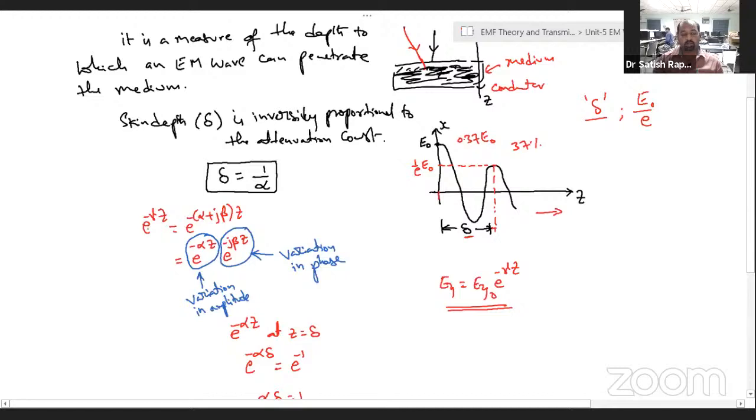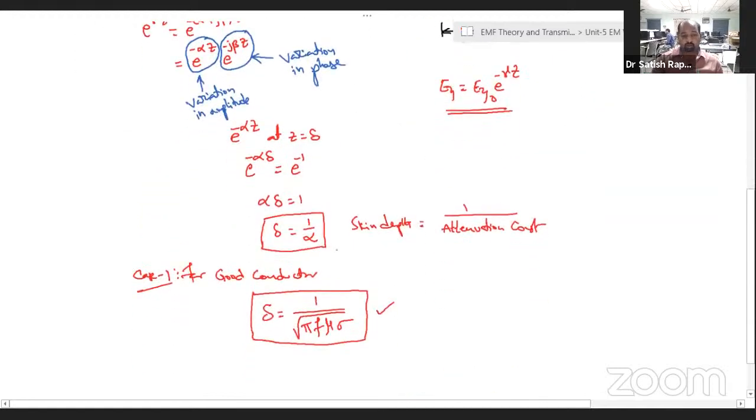So here, e power minus gamma z, and this is all the derivation part, how we can derive this one. Therefore, for a good conductor, we have defined that delta is equal to 1 by alpha, and for a good conductor, alpha is equal to beta is equal to root over pi f mu sigma.